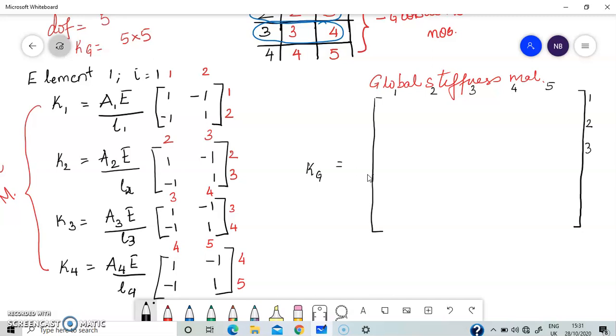Okay, so let me look at K1 now. This is a 2 by 2 matrix with degrees of freedom 1, 2, 1, 2. So these values will all come in this part.